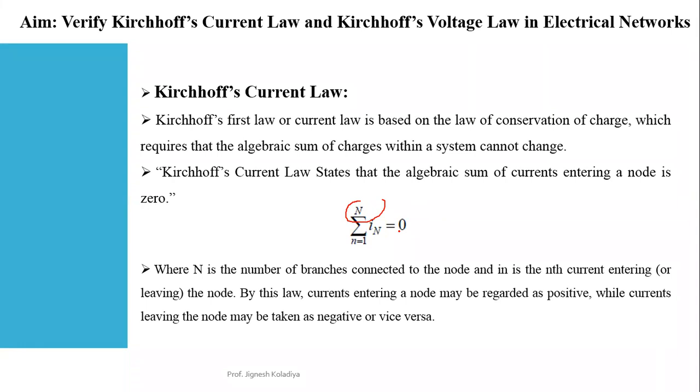So it states that the algebraic sum of currents entering a node is 0, right?